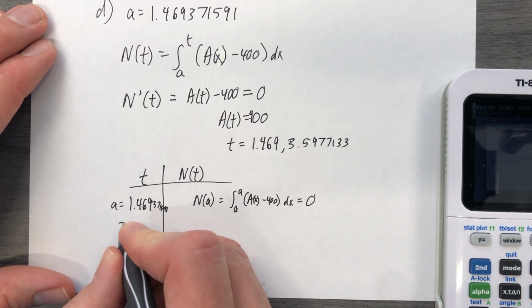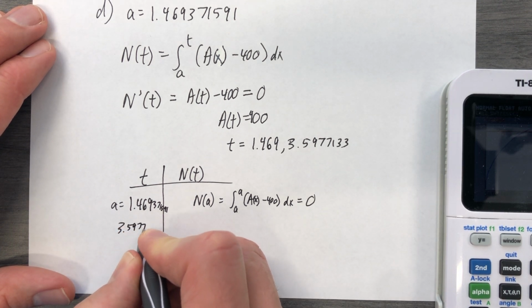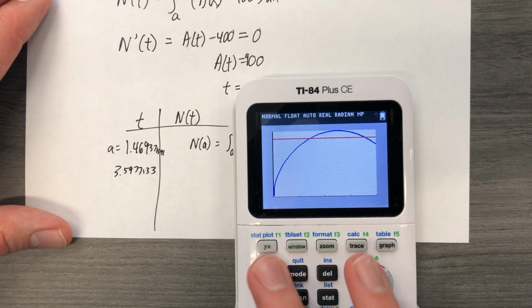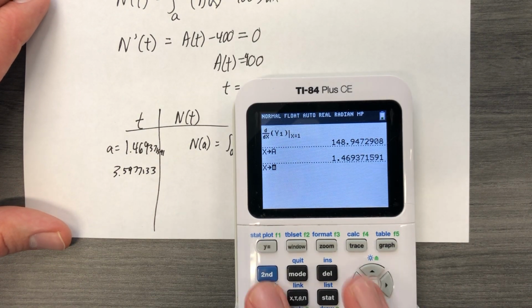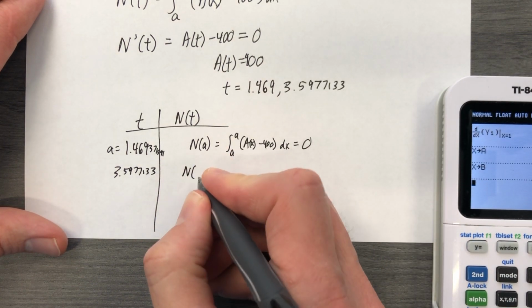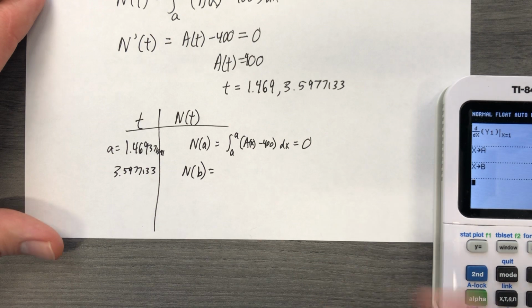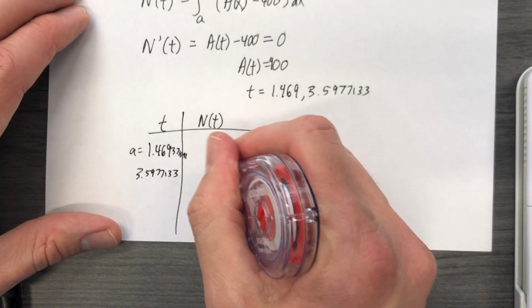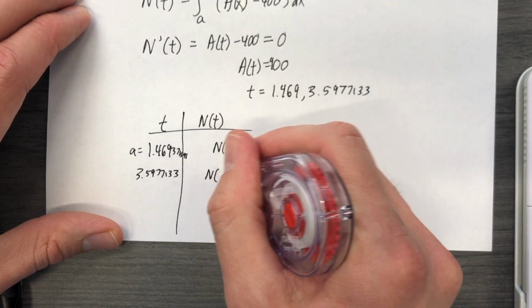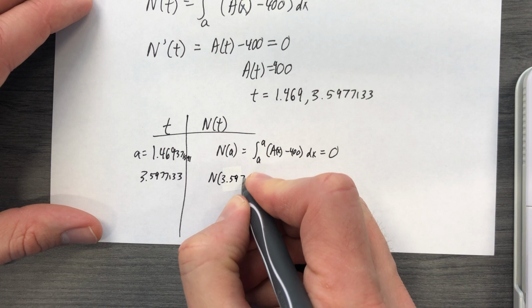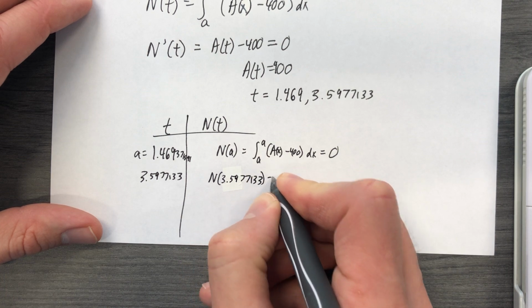All right, 3.5977133, round that off if you like. My calculator has it stored as x currently. I'm going to store that as b, and we're going to find n of b, which will be, whoops, I said I'd never use b. Feel free to if you want to. But I'm going to call it 3.5977133 equals.